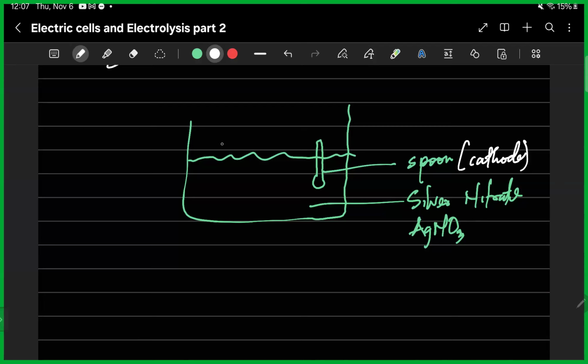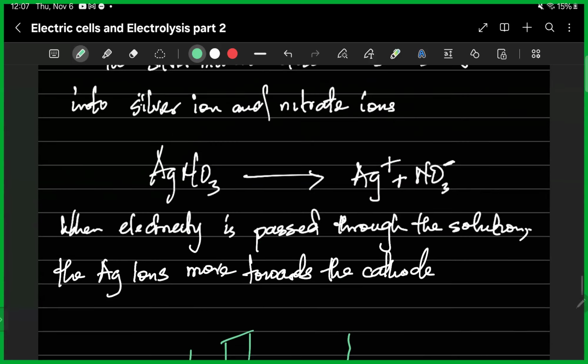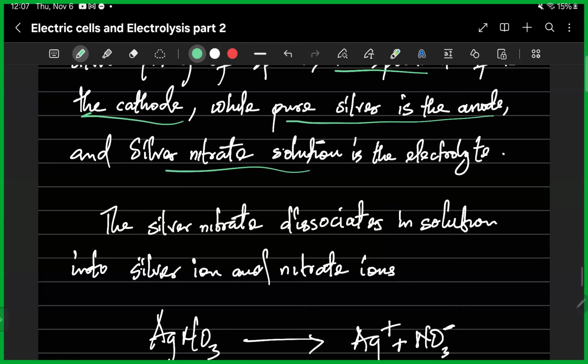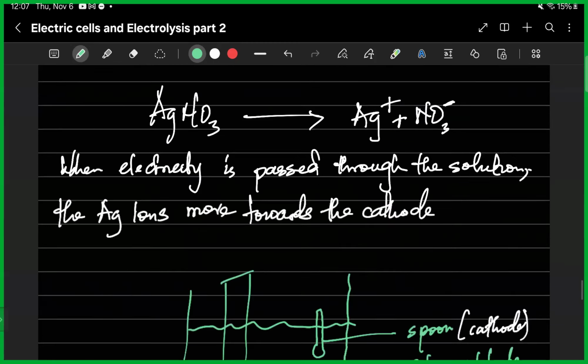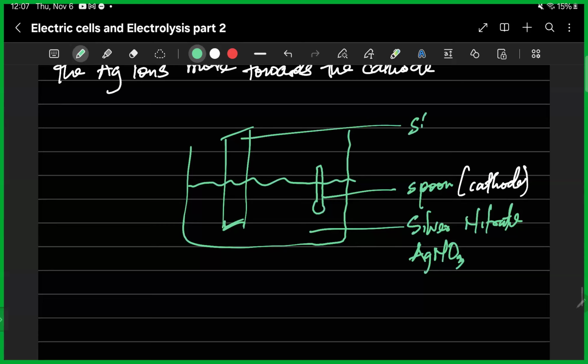Then we should have the other electrode. What did you say we're using to coat the spoon? Silver. So this has to be the silver. Now you connect these two over a battery. This silver starts as the anode.